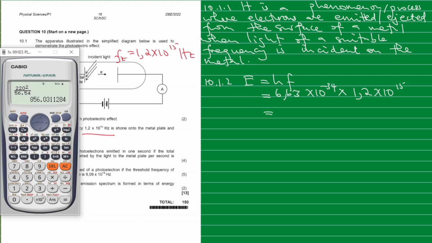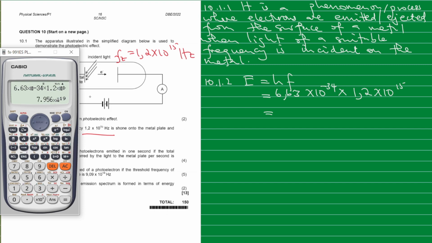Let's enter it into our calculator. 6.63 times 10 to the power negative 34 multiplied by 1.2 times 10 to the power 15.